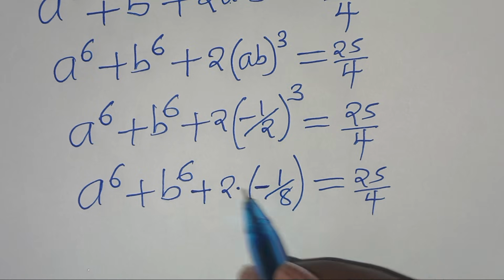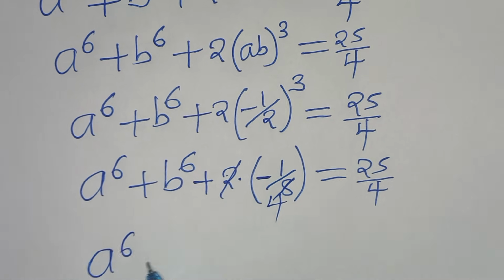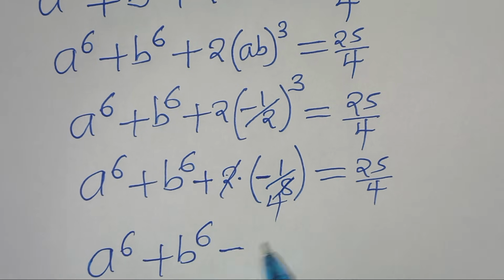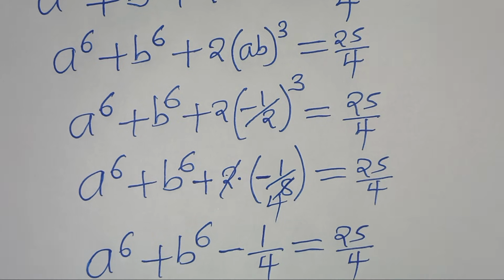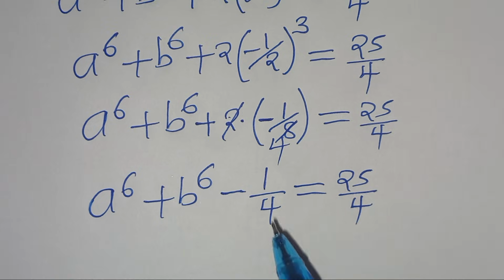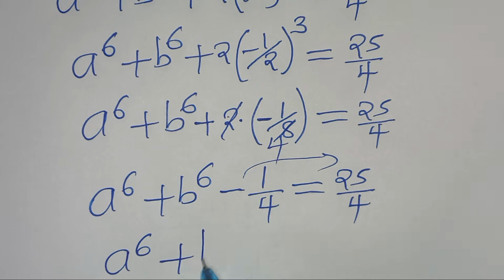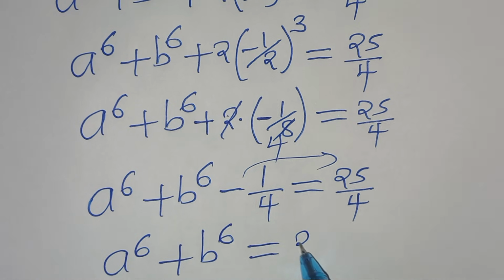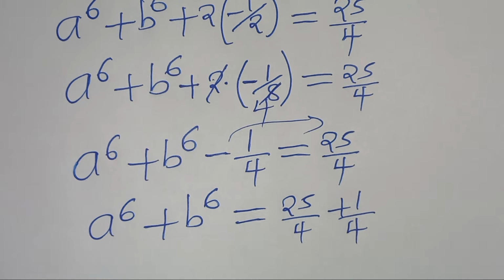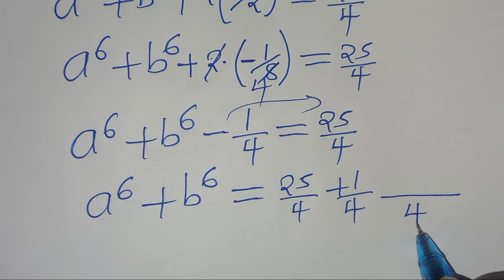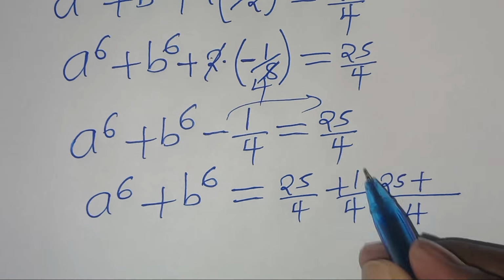Now, let's simplify here. 8 divided by 2 is equal to 4. So this is a to the power of 6 plus b to the power of 6 minus 1 over 4, equal to 25 over 4. Now, let's take minus 1 over 4 to the right hand side, so that we have a to the power of 6 plus b to the power of 6 equal to 25 over 4 plus 1 over 4. Now, the LCM here is 4. 4 divided by 4 is 1 times 25, this is 25, plus 4 divided by 4 is 1 times 1, this is 1.